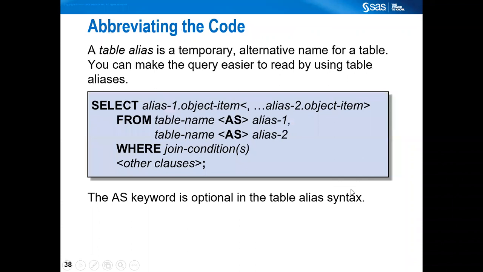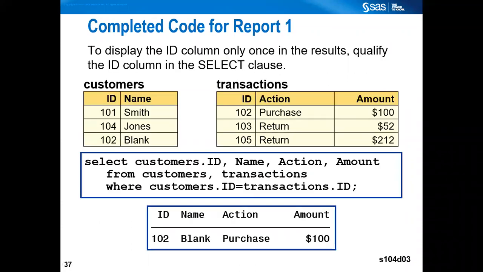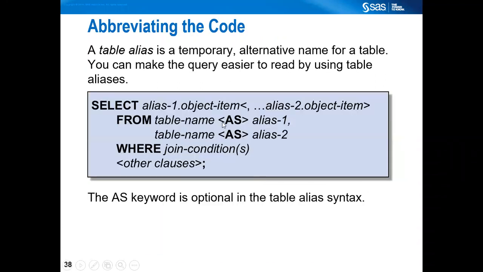Instead of writing the table name every time, you can give the table a nickname or alias. You write the as keyword in your from clause and give an alias name for the table, and you use this alias in your coding. It's just an abbreviation for your table. The table alias is a temporary alternative name for your table, and you can make the query easier to read by using it.